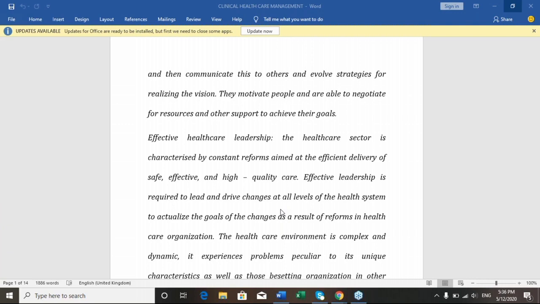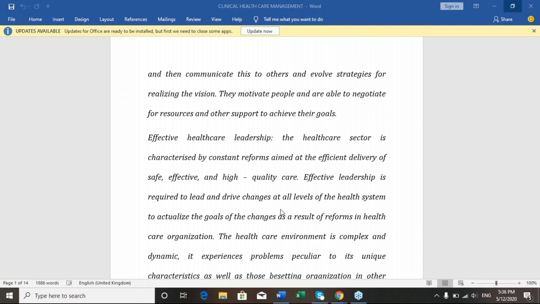The health sector undergoes constant reform arising from interplay of factors both within and out of its control.